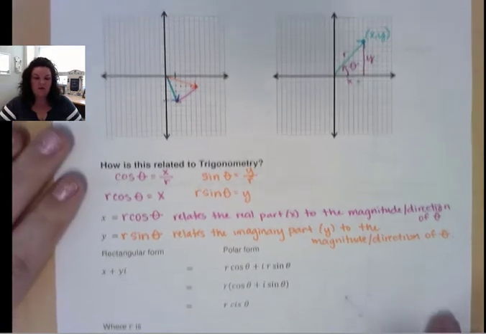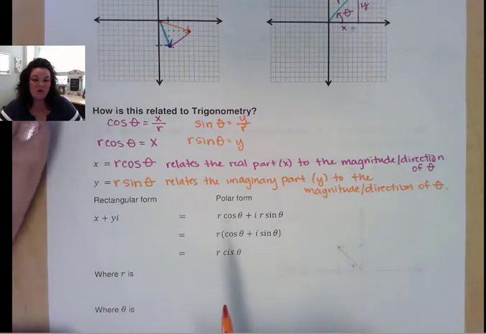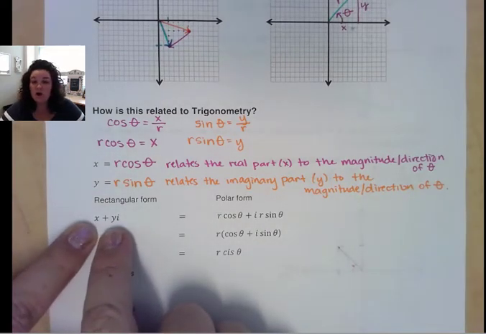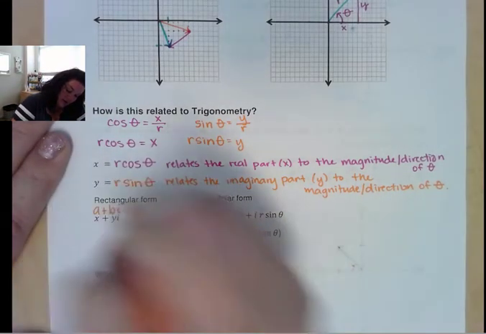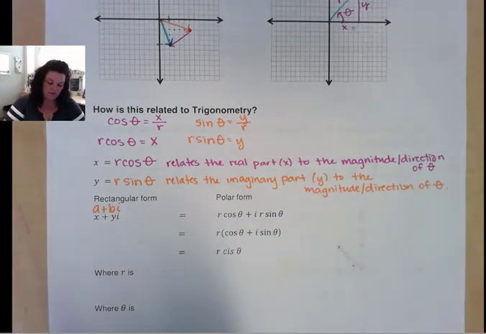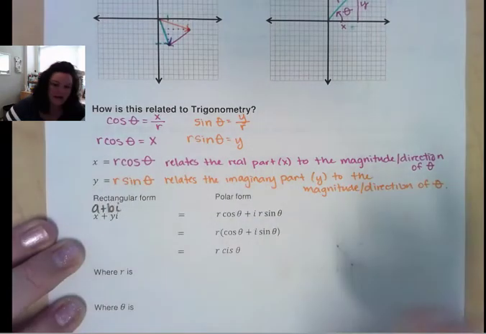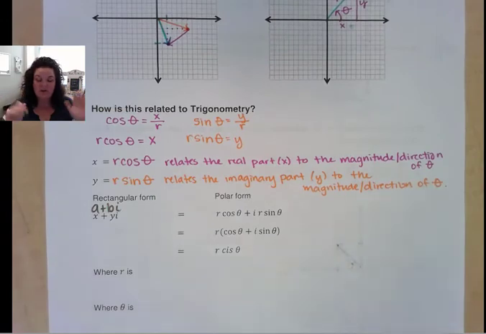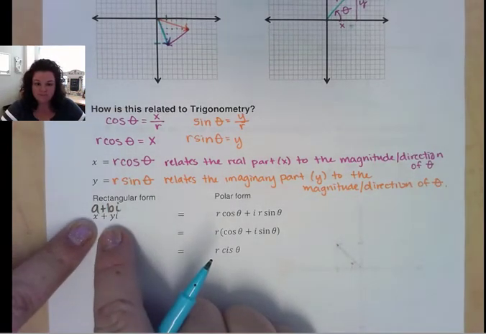Okay, so here's how we're going to relate rectangular form to polar form. Rectangular form is what we're used to. This is just a complex number, right? So if we're given any a plus bi complex number, actually I should use a different color so that doesn't relate to what I wrote above. Okay, so if we're given some a plus bi, any complex number, we call that its rectangular form because that's how we can form our vector, right?